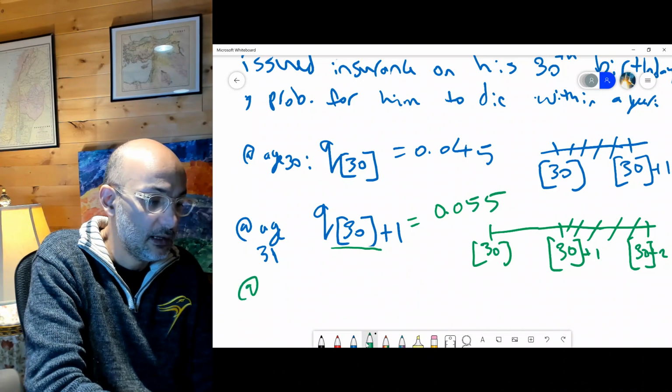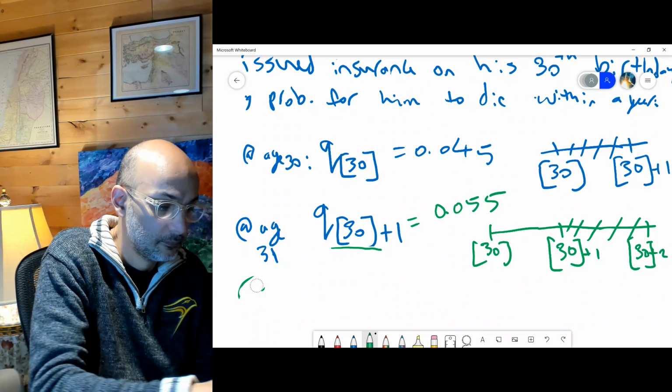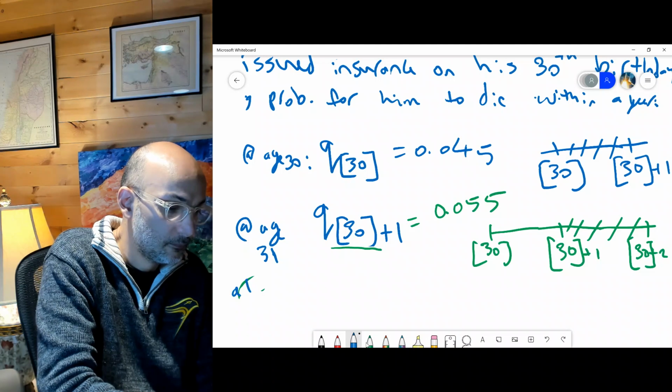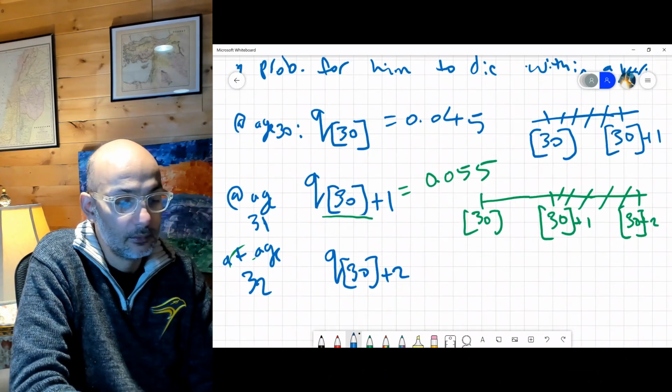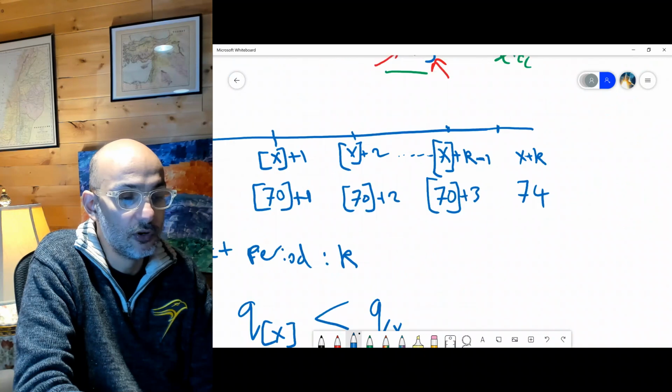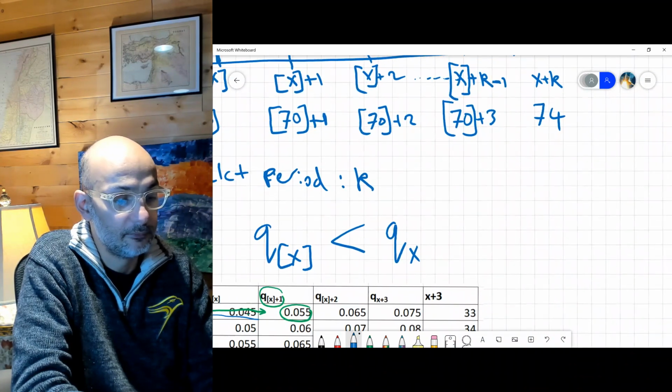Same thing at age 32. Now we write q[30]+2, and the same logic applies. We go back to the table.